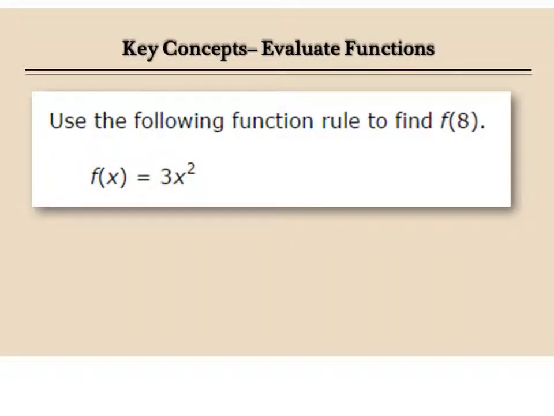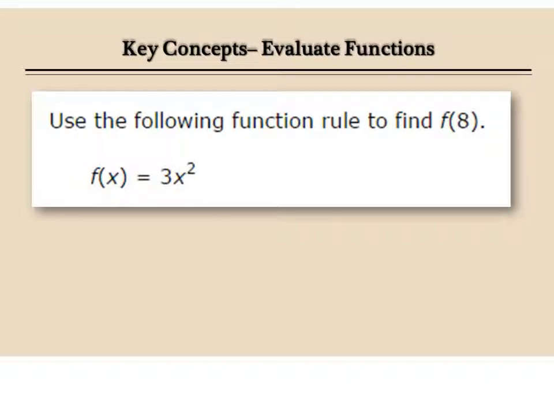So let's look at how you would work one of these out. Here I have f of x equals 3x squared, or 3 times x squared. And up here they want to use the following function rule to find f of 8. That means because it's a function of x, we're going to replace x with 8 and solve. So that's all we have to do.